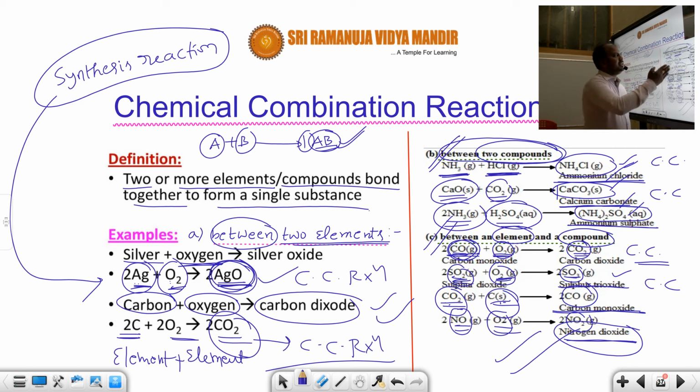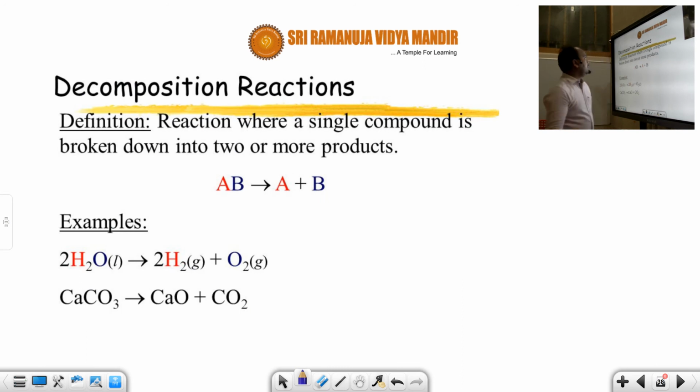So these two cases, B and C, are only chemical combination reactions, but should not be considered synthesis reactions.